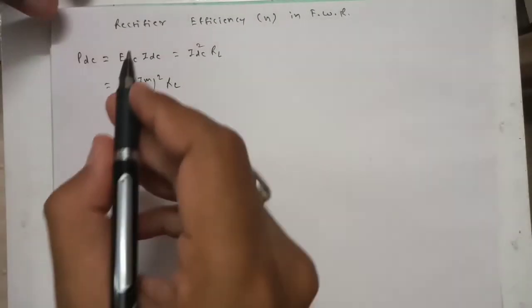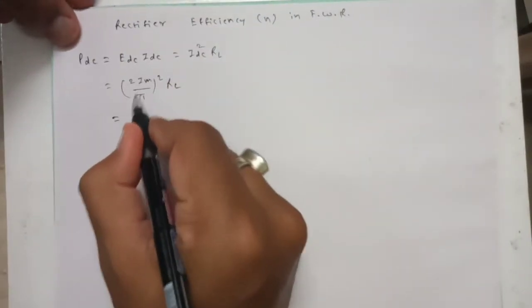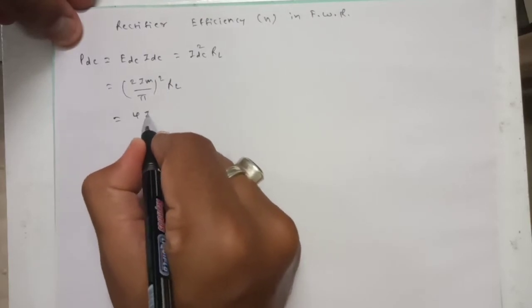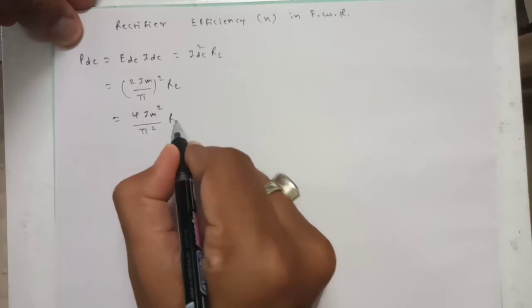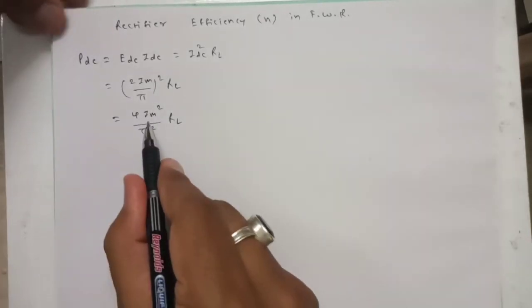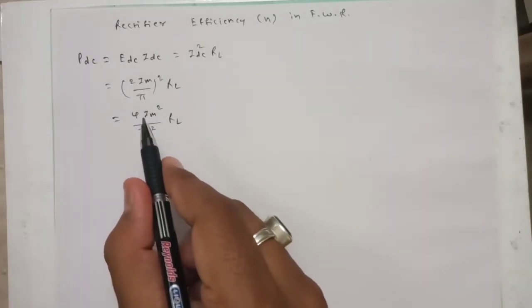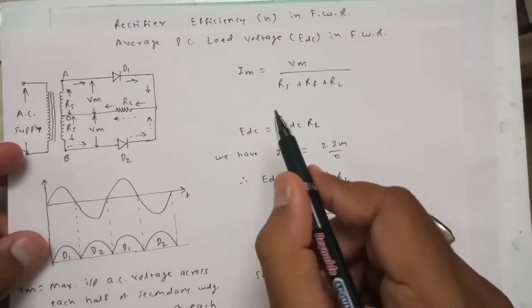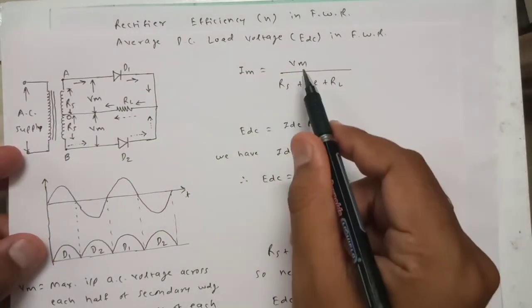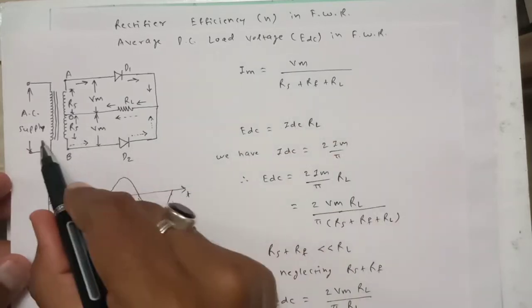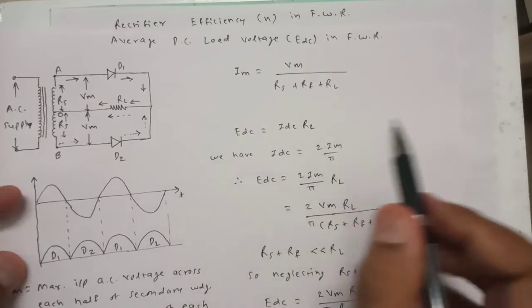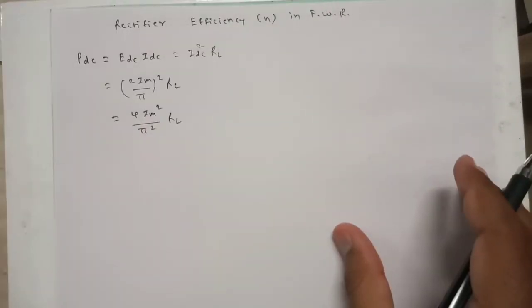Further solving this, the square of 2 is 4, Im square divided by pi square, multiplied by RL. Now the equation of Im we all should remember; if not, we can take it from the previous session. So Im is equal to Vm by Rs plus Rf plus RL, where the meaning of all these terms is shown in the diagram. So I will write this equation directly here.